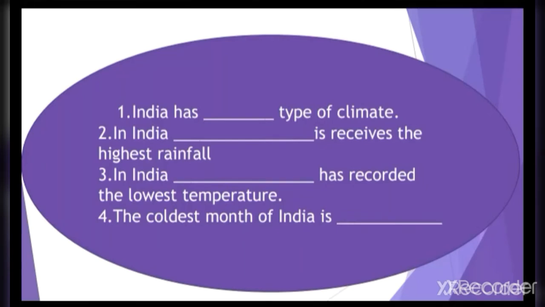Now I will ask some questions, children, some blanks. India has dash type of climate. Second one, in India, dash receives the highest rainfall.